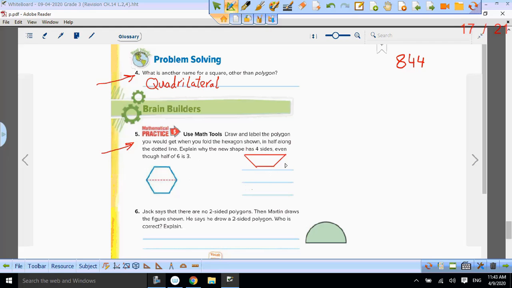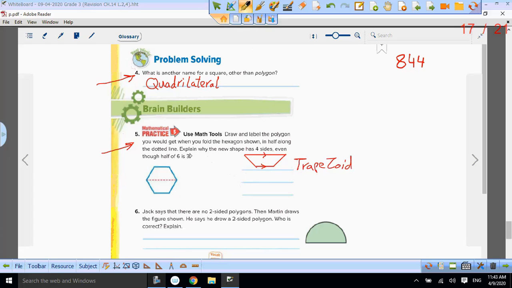So what is this shape's name? Yes, it's a trapezoid because it has only one pair of parallel sides.